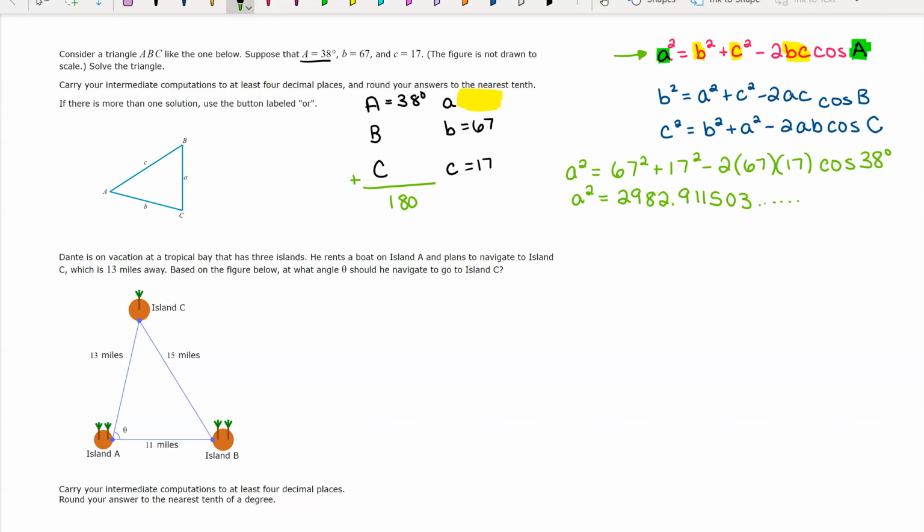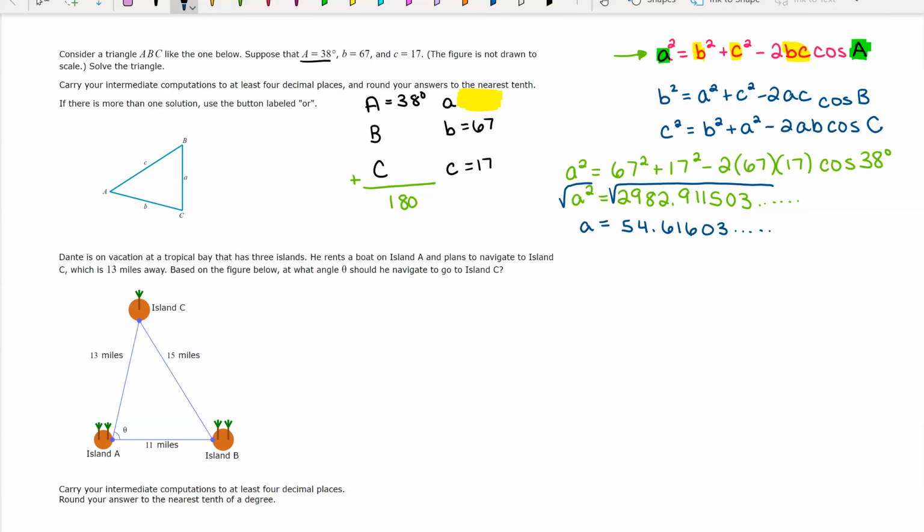I'm keeping all of that stuff on the screen, and I'm going to take the square root to get a alone. So a is going to equal the square root of that, which is 54.61603 stuff.